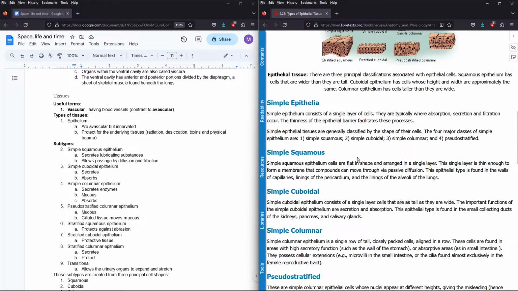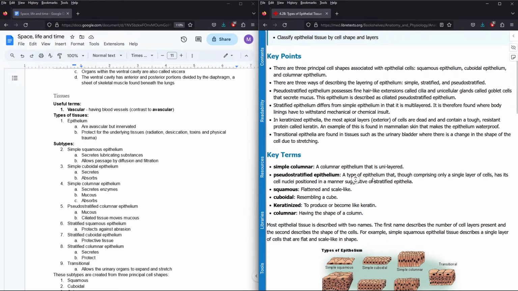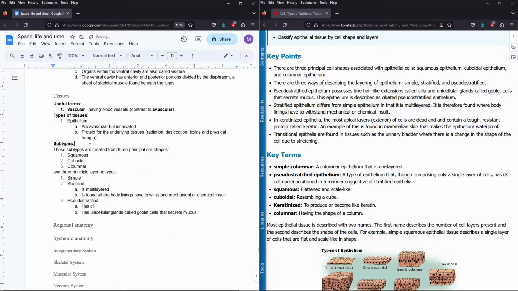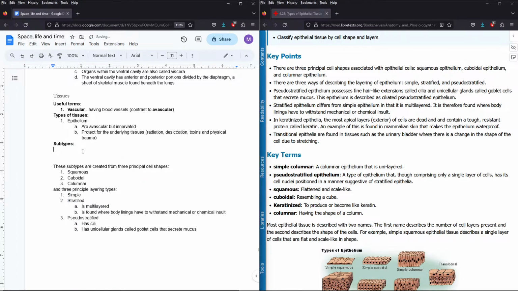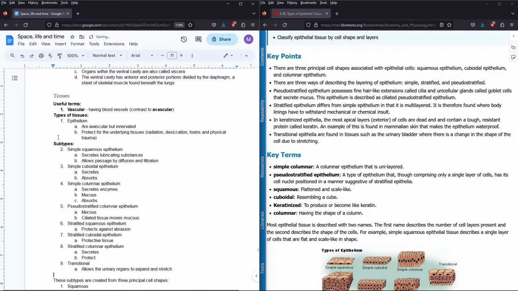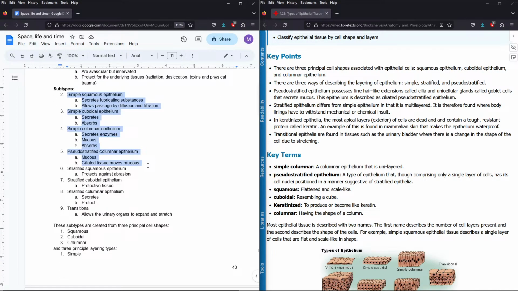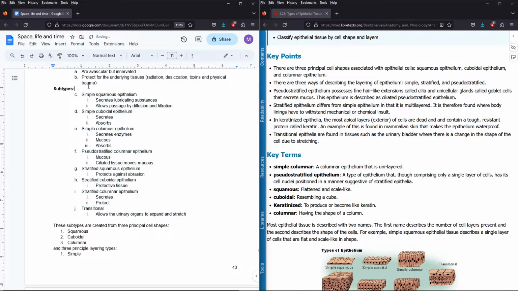So, let's do it. Epithelia. That's where we were yesterday, actually. But I really don't like the way this is listed. Okay, basic functions could be kind of useful. So we'll have basic functions, but then I just don't like the way I did that.